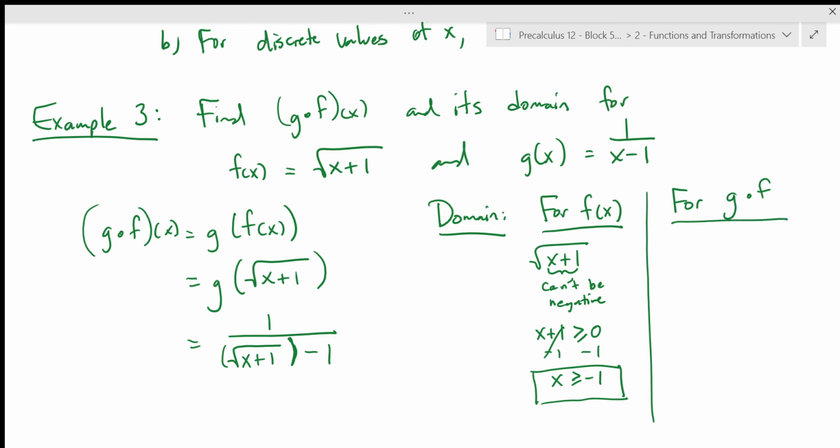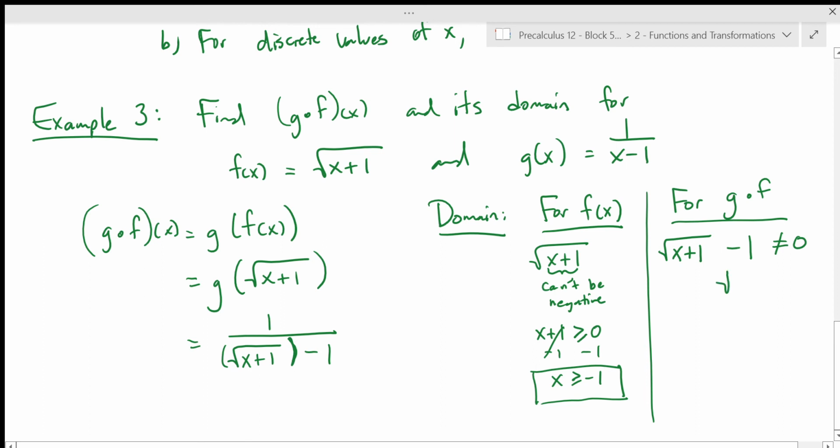So that's our piece for the composition, is that we now have added a fraction. That layer of complexity requires the denominator not be 0. So we have radical x plus 1 minus 1, and that's the whole denominator of my fraction. We know that that can't be equal to 0.